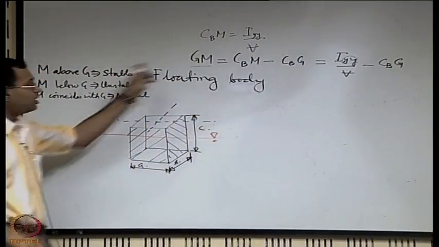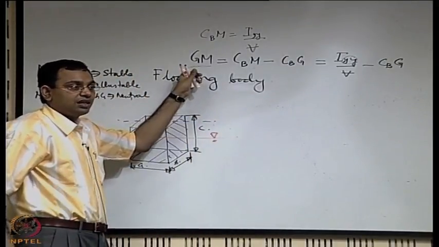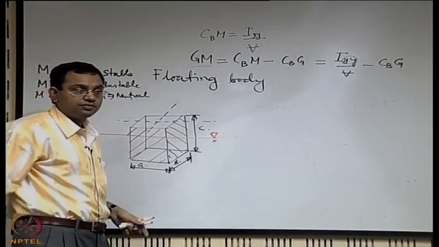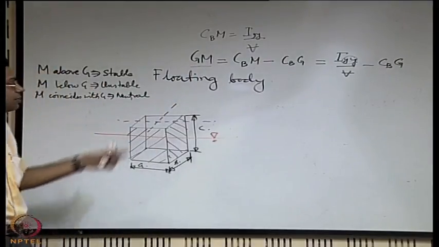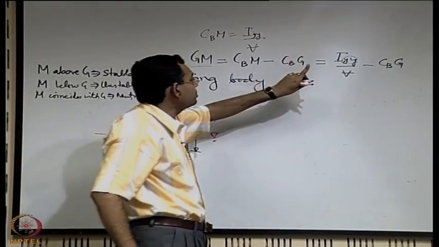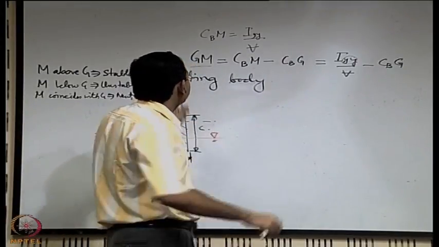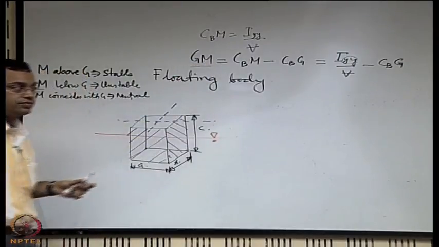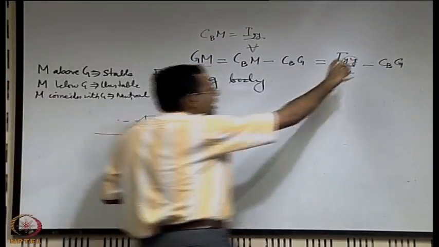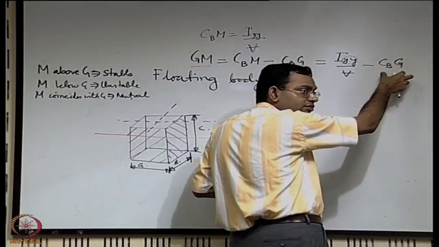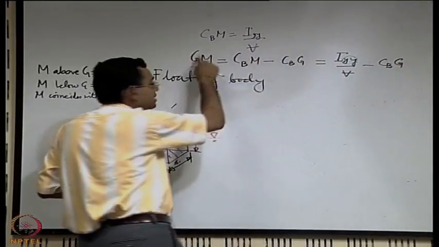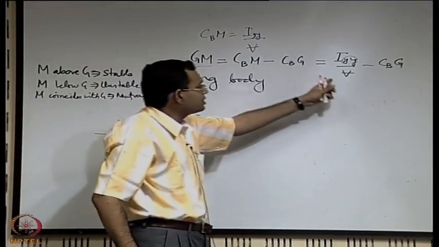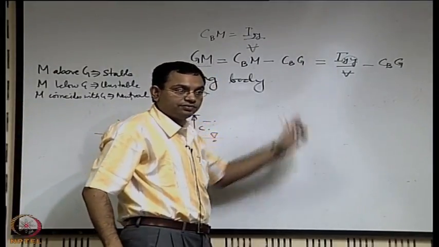This is like evaluation of a safety criterion that it will be stable. So when you want that it should be stable, what should be the guideline? The guideline should be that you want this to be positive, that means this height is greater than this height, then m is above g. So the way in which this is written, the right hand side has to be positive.